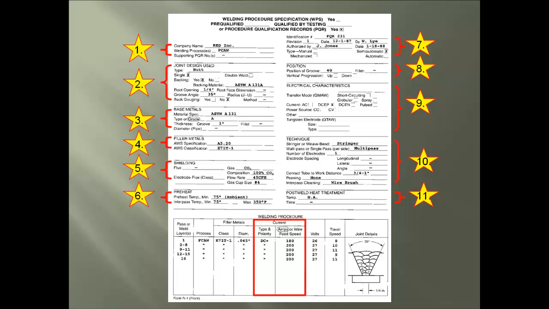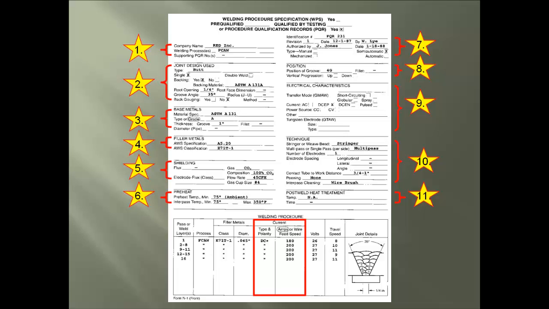Here we see the current parameters, and again DC positive should match the line item in electrical characteristics, which has DCEP called out, or direct current electropositive. Plus we see the amps being established.